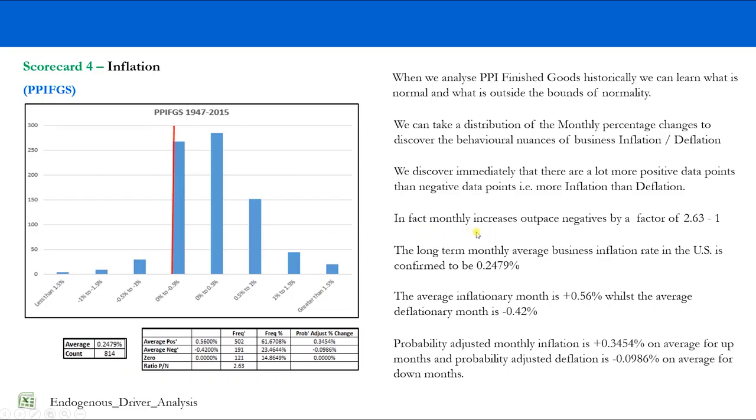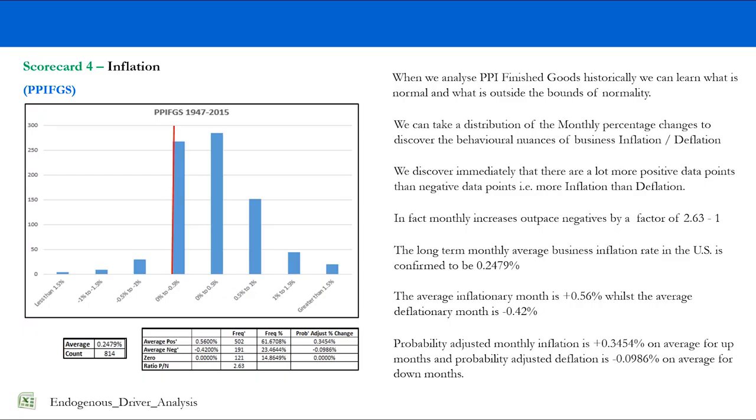The positive data points, actually, the increases outpace the negatives by a factor of 2.63 to 1. So we can see straight away that this ratio is not as extreme as the CPI data.